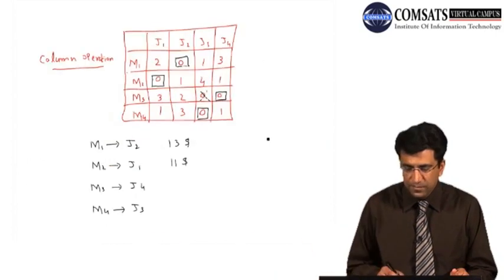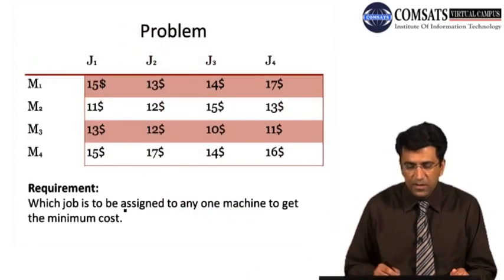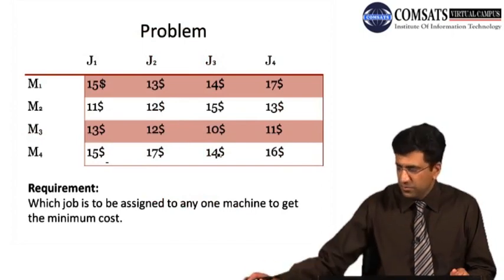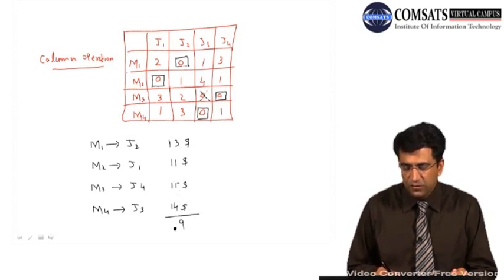And again M4 to J3, we refer to the original table. M4 to J3, the relevant cost is $14. Now if we add up these costs, 13 plus 11 plus 11 plus 14, this will become $49.